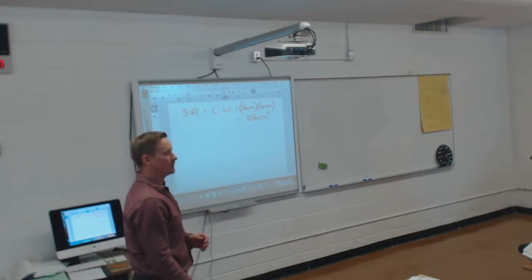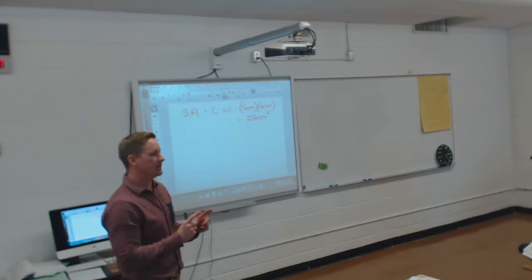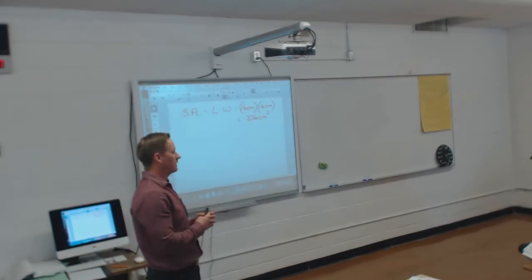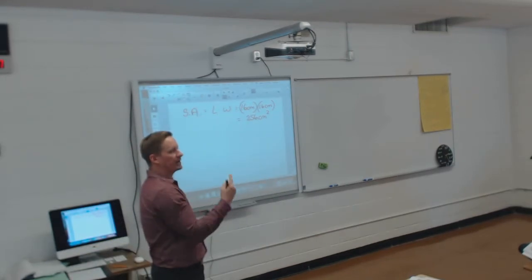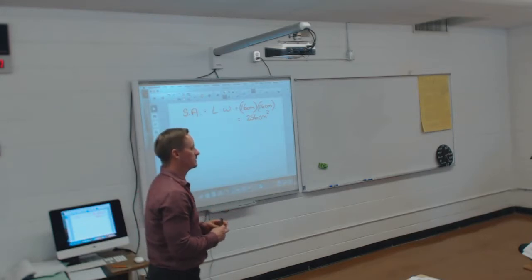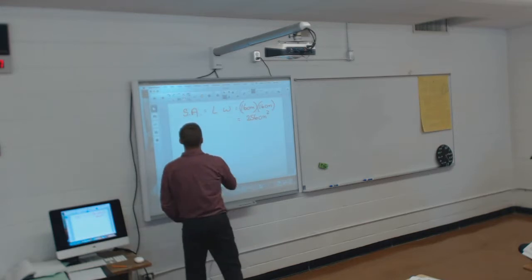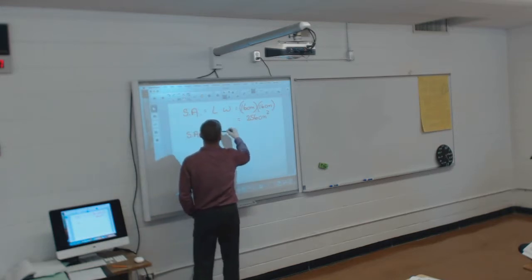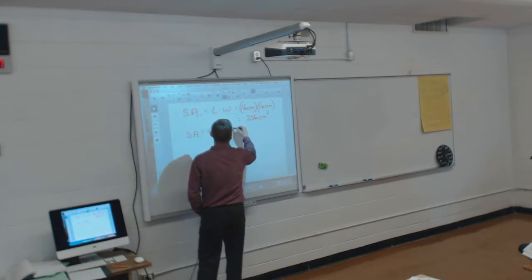Now, to find the area of each individual piece, there's four faces to it, correct? And what shape are all those four faces? Triangle. They're all triangles. And how do I find the area of a triangle? 1/2 base times height.